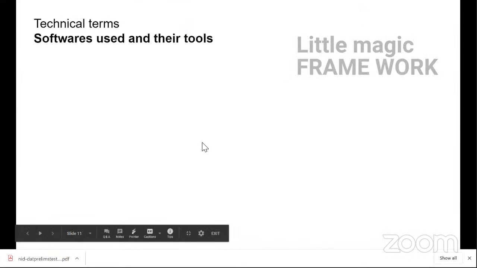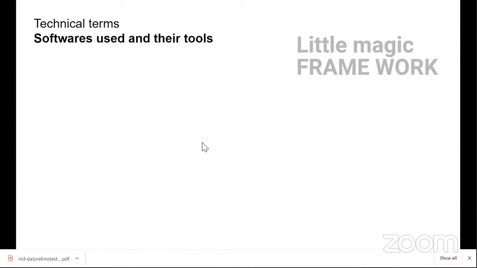The second is the softwares used and their tools. Since every design discipline can be executed using computers, every design discipline has a specific tool for use to accomplish the tasks. If you are into interaction design, there are certain tools that you can use for creating wireframes and final prototypes, etc. Let us say you are a product designer.